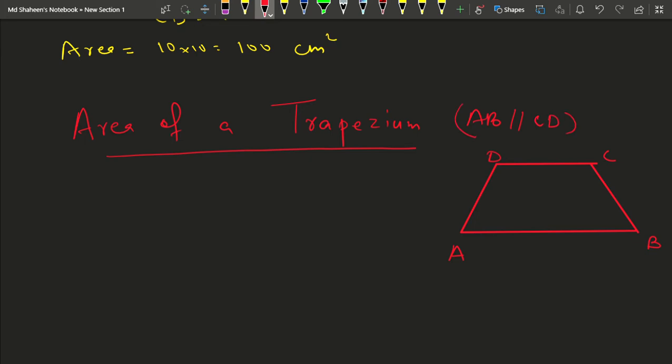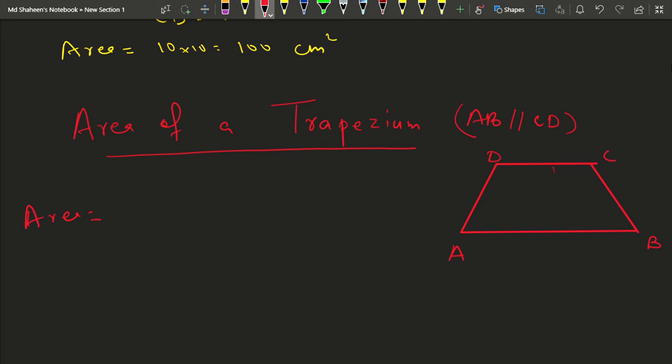So what will be the area of a trapezium? You need to know two things: the distance between these two parallel lines, and the lengths of these two parallel lines.